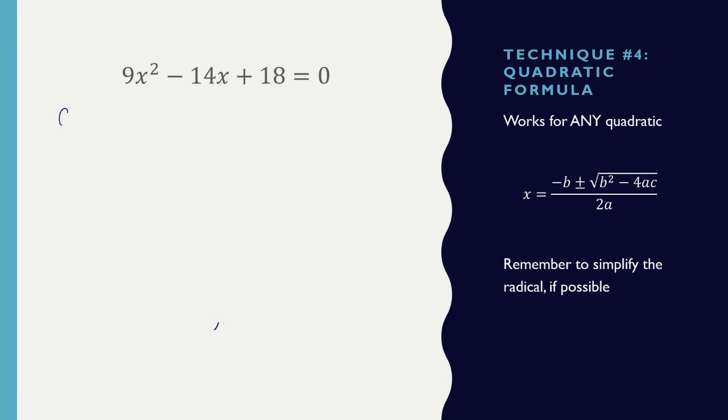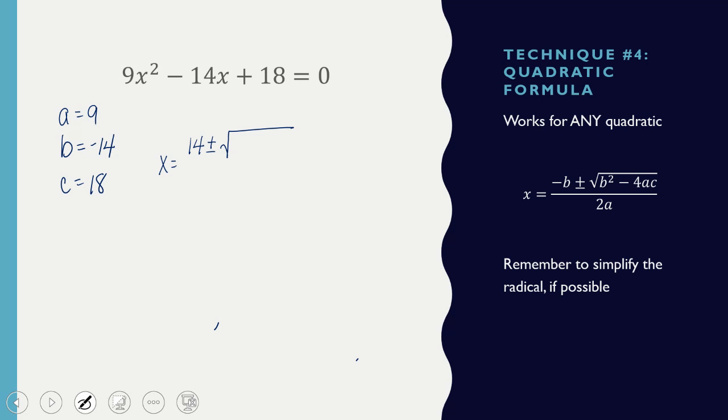So we know that A is 9, we know that B is negative 14, and we know that C is 18. We're simply going to plug those into the formula in all the different places. So I'm going to take the opposite of B, which makes my 14 positive. Then I'm going to take B squared. Please remember, anytime you square a number, it's always positive.